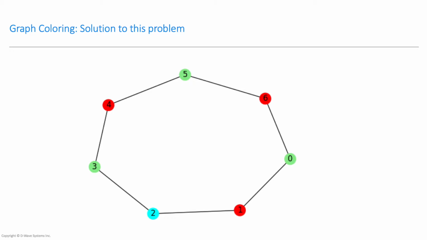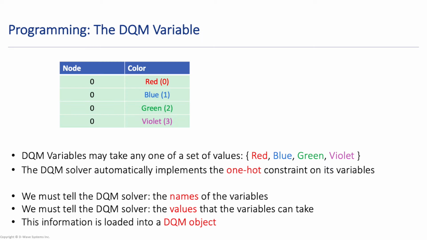And so what we want to do is solve this with the DQM solver. And so the first thing is, how do we program the DQM solver? And so the first question is defining the variables that the DQM solver is going to have. And the way this is done is to define the variables on a set. In other words, DQM variables can take one of a set of values.